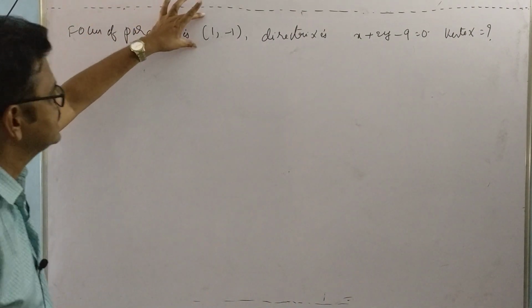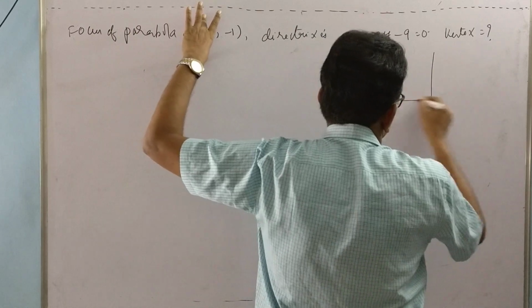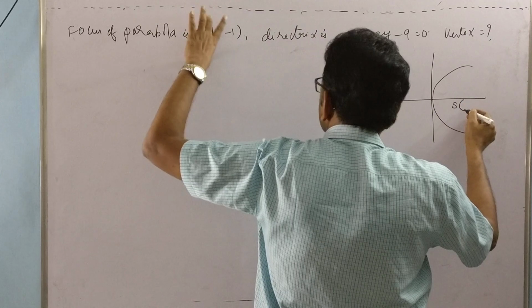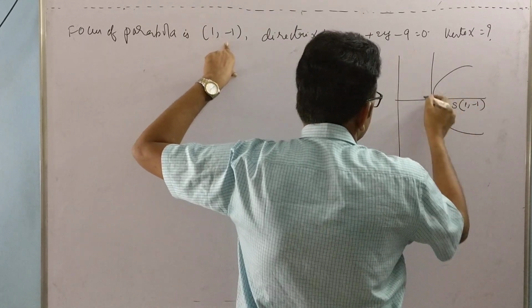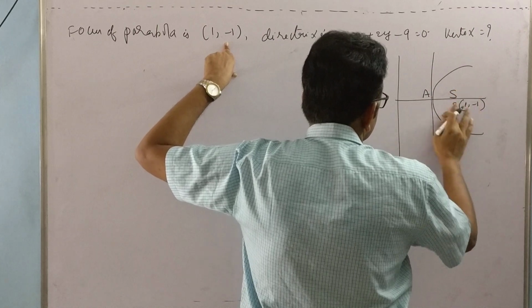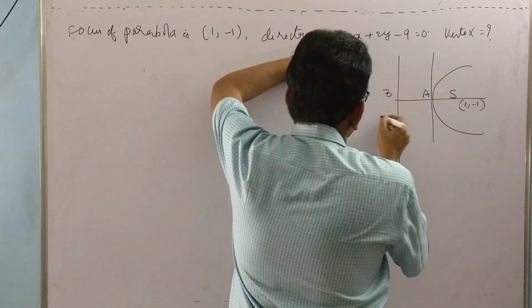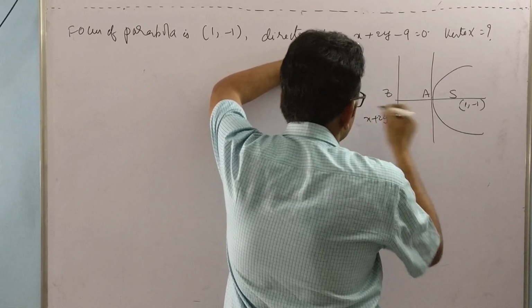Here focus is given. Suppose this is the parabola. So this is focus S, 1 comma minus 1, and this is A, S, Z. But the line Z is given, x plus 2y minus 9 equal to 0.